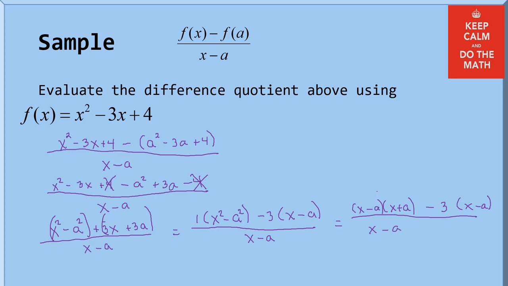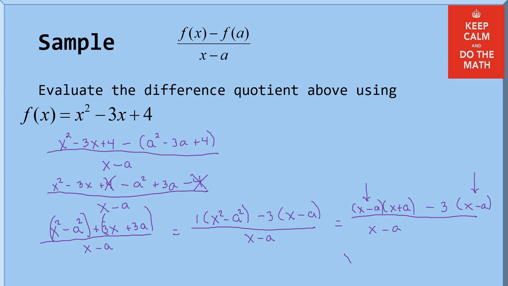So now I realize that this x minus a in this term and this x minus a in the second term are technically greatest common factors because I have two separate terms and they show up in both.